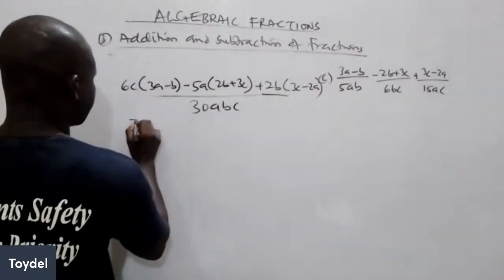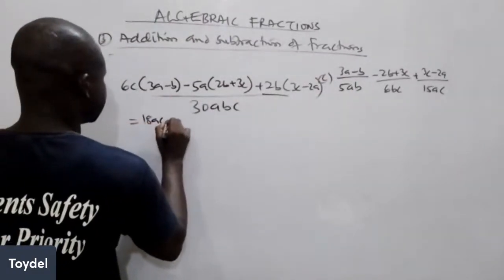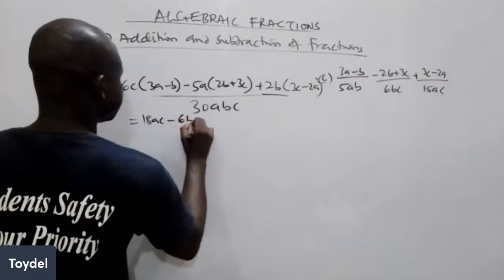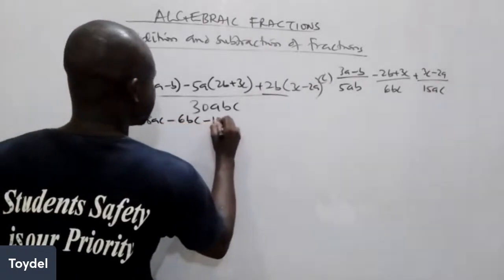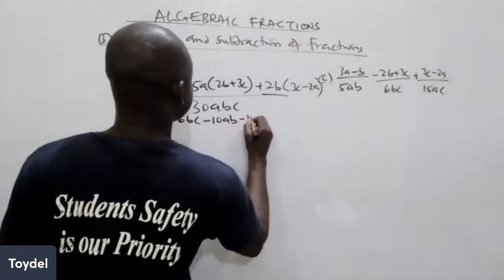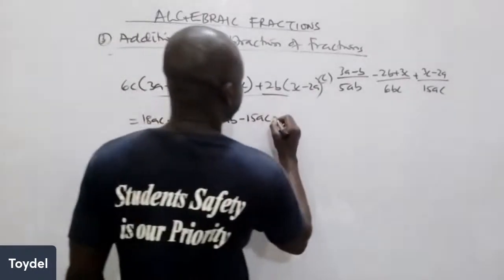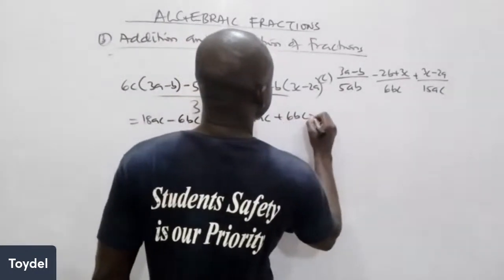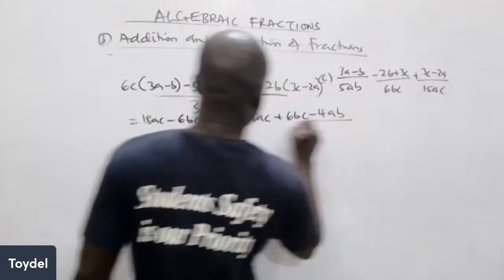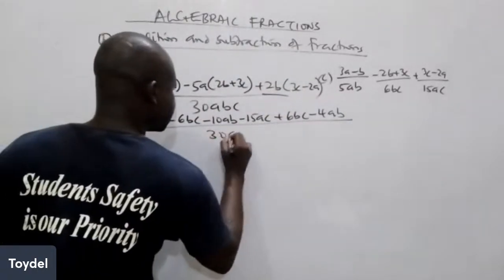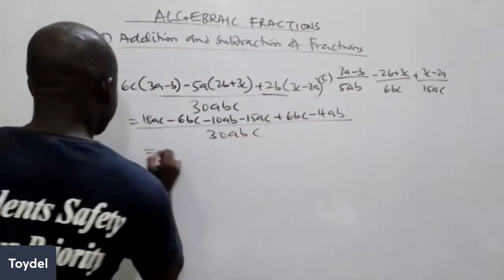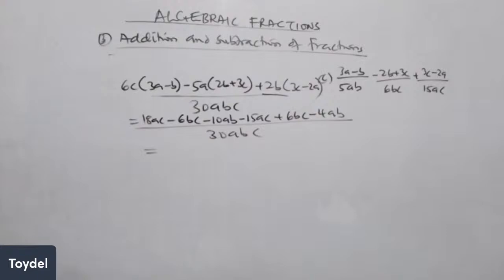So from there, if I open up, I'm going to have 18AC minus 6BC minus 10AB minus 15AC plus 6BC minus 4AB, everything all over 30ABC. So do we have anyone that is common at the numerator?